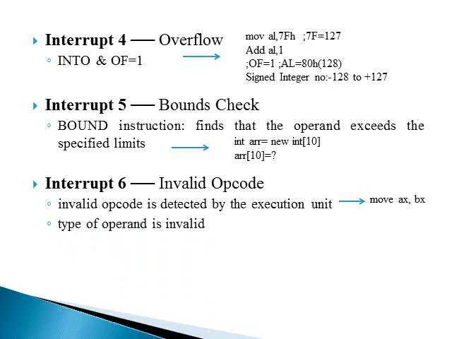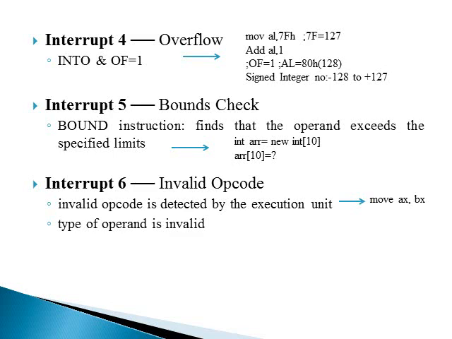For example, move ax comma bx. It means the content of bx is moved into ax using the opcode move, which is an invalid opcode. So fetching move will not result in invalid opcode, but it will report the exception whenever the move instruction is executed.